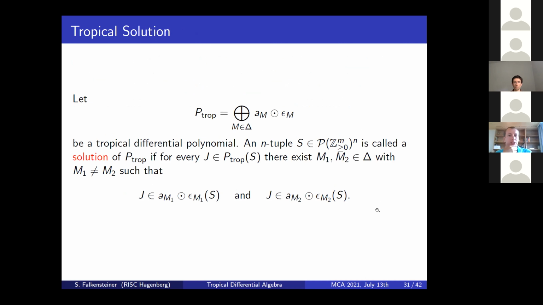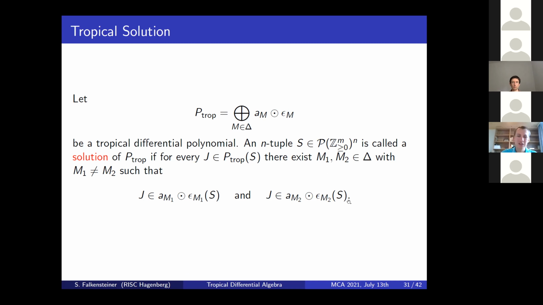Now the question is, what is a solution of a tropical differential polynomial? Having given such a tropical polynomial, we speak of a solution if for every vertex applied to a support set S, there must be 2 different monomials in this tropical sum which contribute to this vertex.